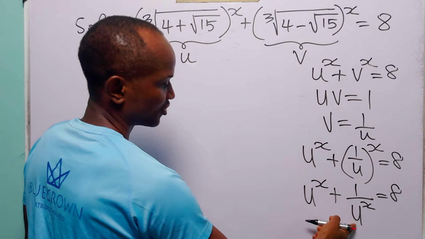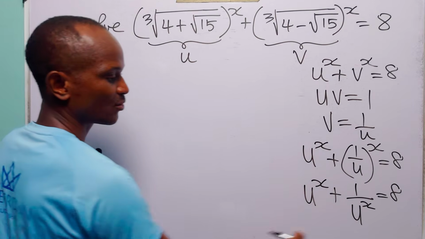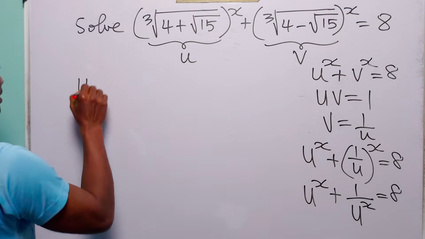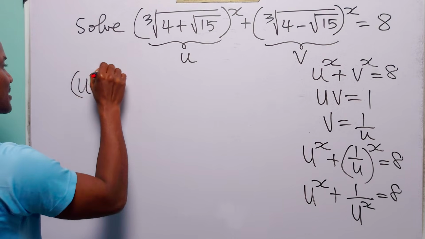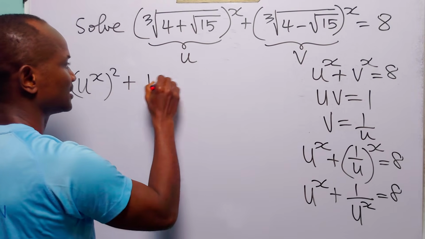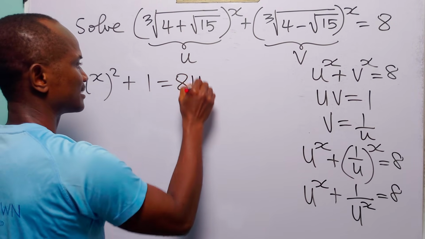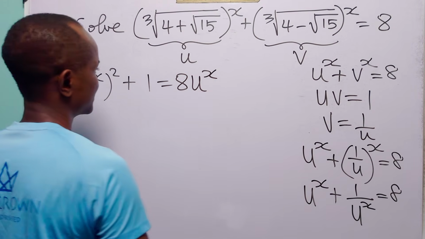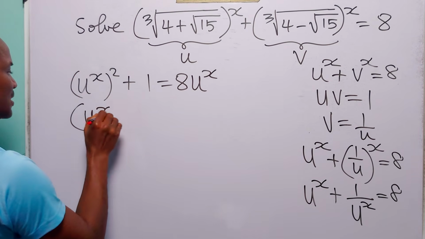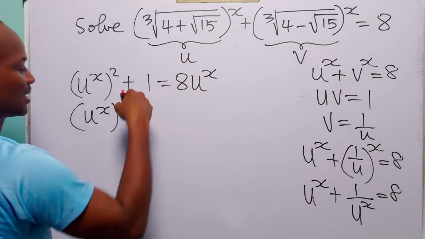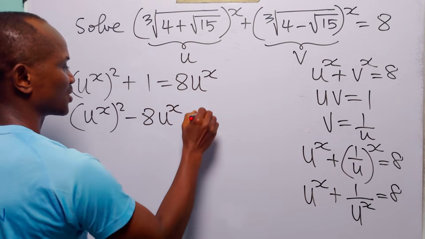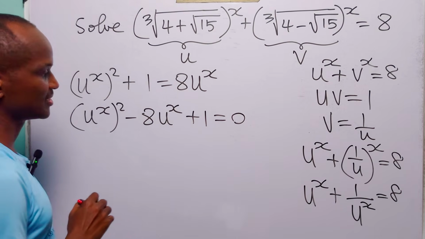To get rid of this fraction, let us multiply through this equation by u to the power x. When we do that, we have u to the power x squared plus 1 is equal to 8 times u to the power x. Now rearranging this equation, we have u to the power x squared minus 8u to the power x plus 1 is equal to 0.